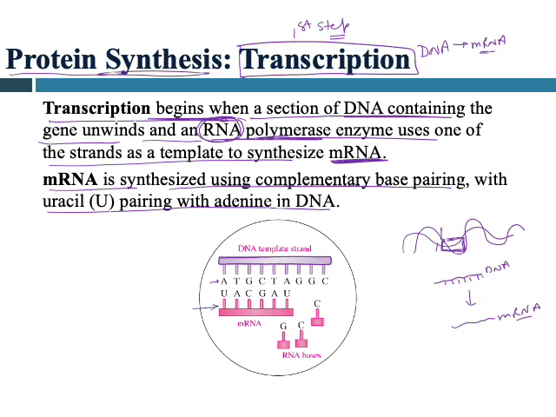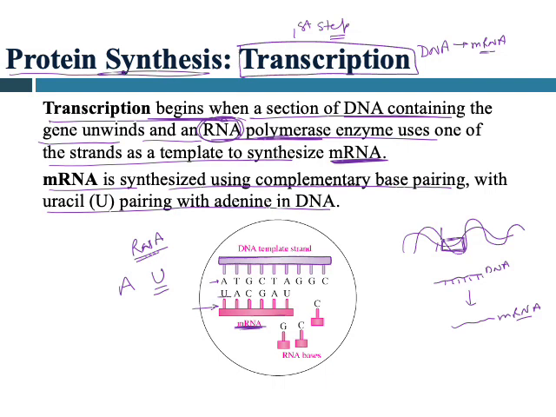If DNA has A, then mRNA will have U. If you remember, RNA cannot have thymine, so A always binds with U in RNA. So make sure you know this difference. If it was DNA, it would be T, but we are talking about mRNA, so it should be U. Thymine with adenine, guanine with cytosine, so you will see complementary base pairing in mRNA.